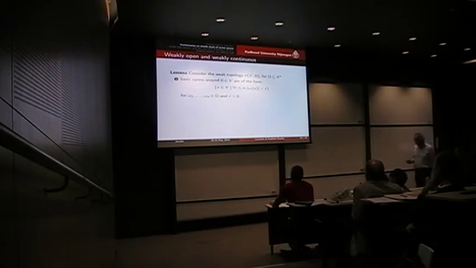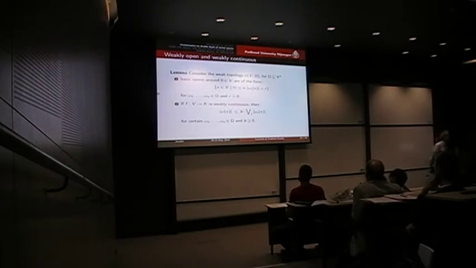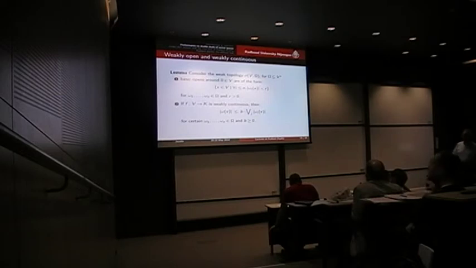This is completely standard to prove. What you then get is that a function, there's a typo here, so this omega should be this F, is weakly continuous.